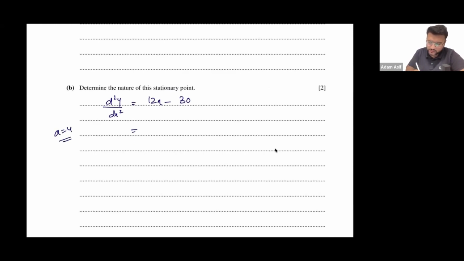So we need to find the second derivative at x equals 4. So when you plug in 4, you get a positive value. 4 times 12 would be 48. 48 minus 30 would be 18, which is greater than 0. Since the second derivative is greater than 0, the stationary point is a minimum.